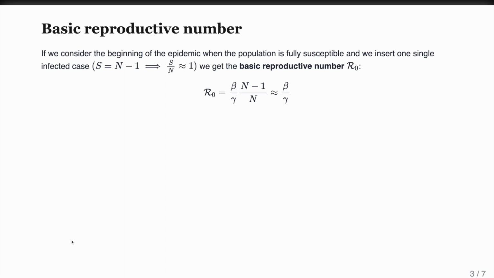From the effective reproductive number, we can also derive the basic reproductive number. This number is the effective reproductive number if all the population is susceptible. It's quite simple to derive. We just put the number of susceptibles equal to the population minus 1, that is just inserting an infected person in a totally susceptible population, which means that S over N is actually equal to 1.